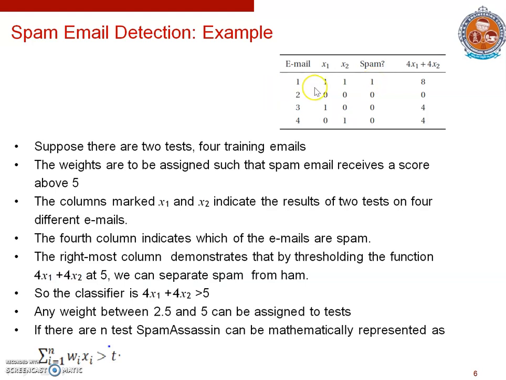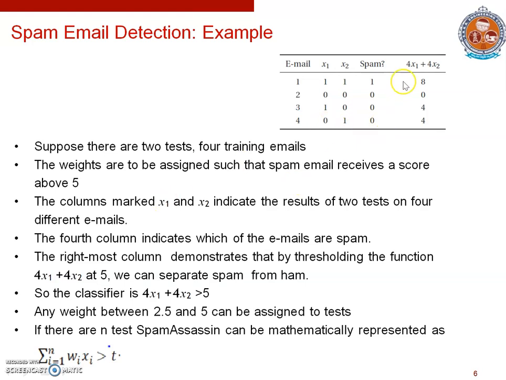The second email contains neither free iPod nor lottery. It is ham. The third email contains the word lottery but not free iPod, and it's also a ham email. The fourth email contains the words free iPod but not lottery and it is also ham.